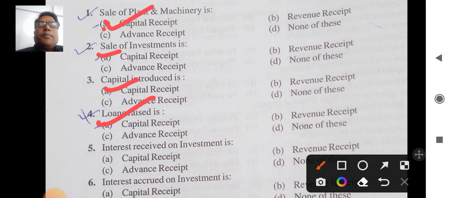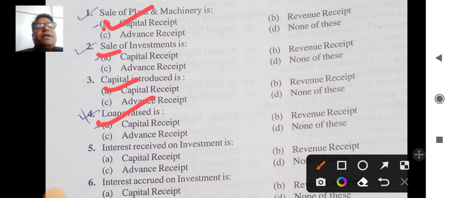If it is provided for the goods, that may be considered as an advance. But in this case, only loan raised, so it means long term loan raised. So that would be considered under capital receipts.